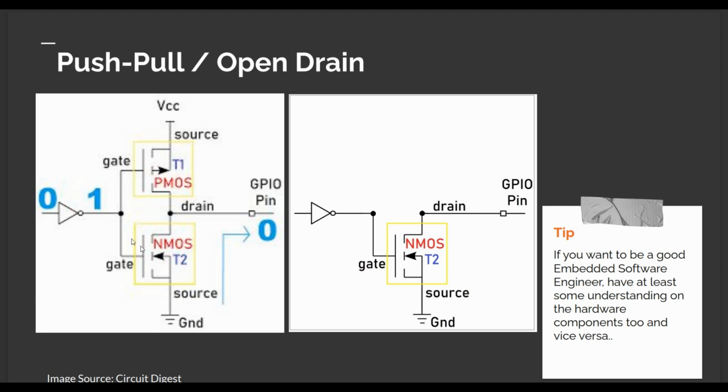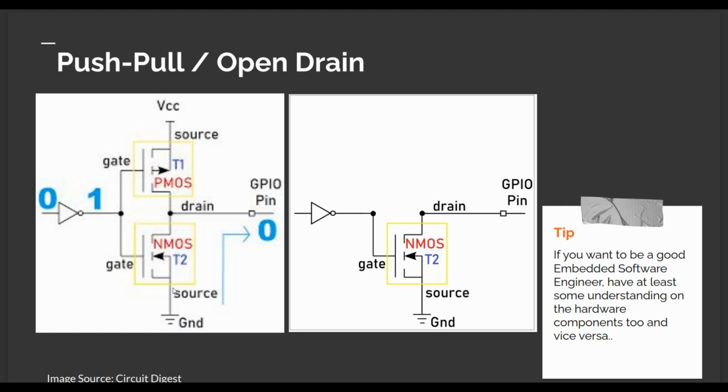ground. Here is one inverter which inverts the signal from the CPU while it is going to the gate. So what happens when the CPU writes 0 over here, it will be converted to 1, which is applied to both the gates, and when it is 1, the PMOS will be in non-conduction mode, that is it will cut off the VCC from the drain, while the NMOS will be in conduction mode.